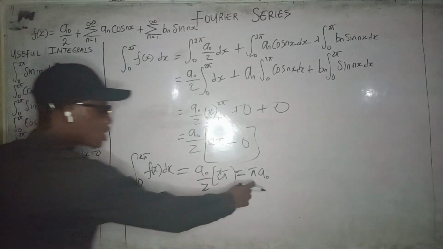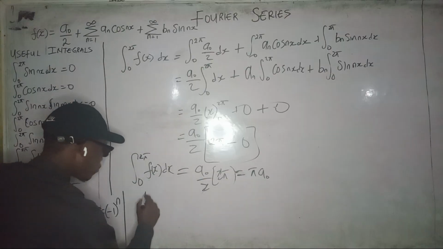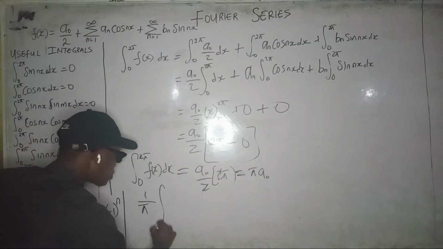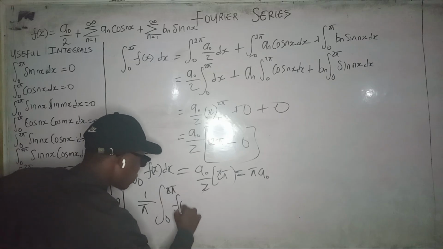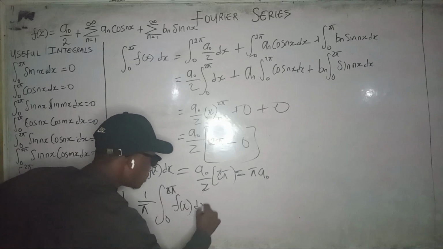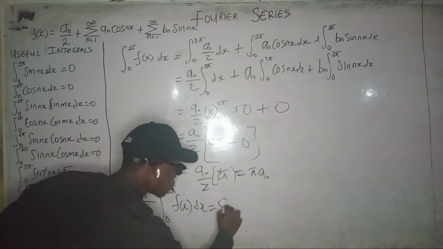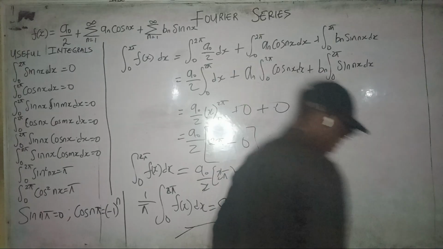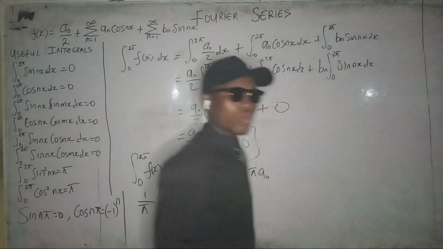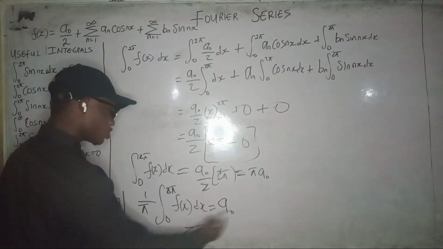So we have 1 over pi integral from 0 to 2 pi f of x dx is equal to a naught.